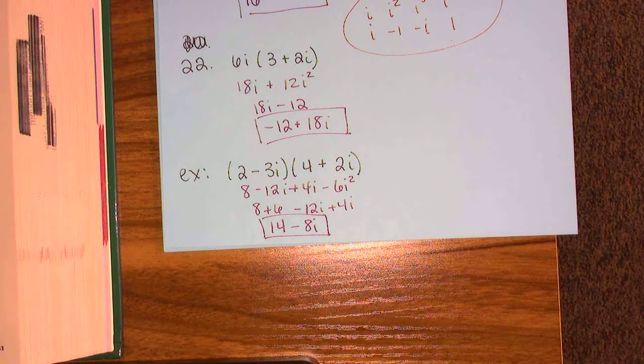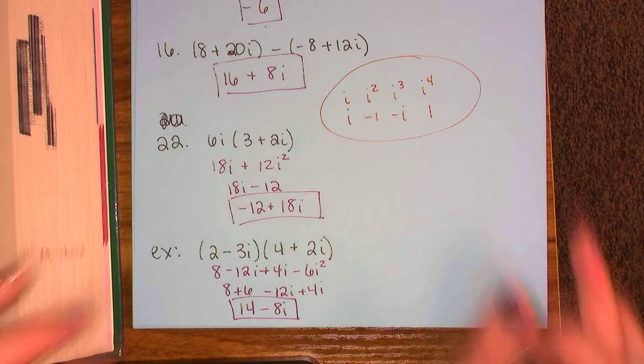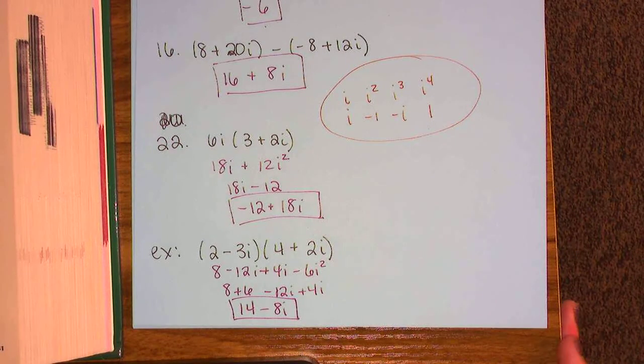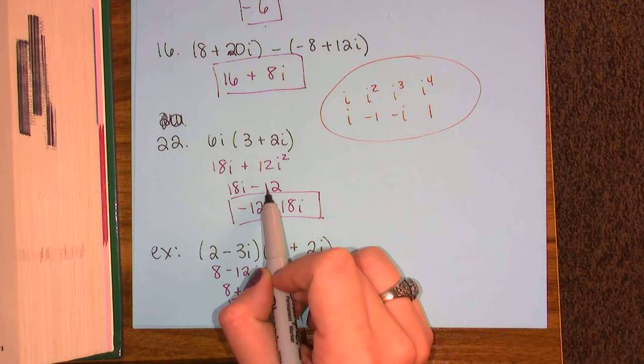Alright, I'm going to a new page. Does anybody need this one still? Right here, i squared is negative 1.